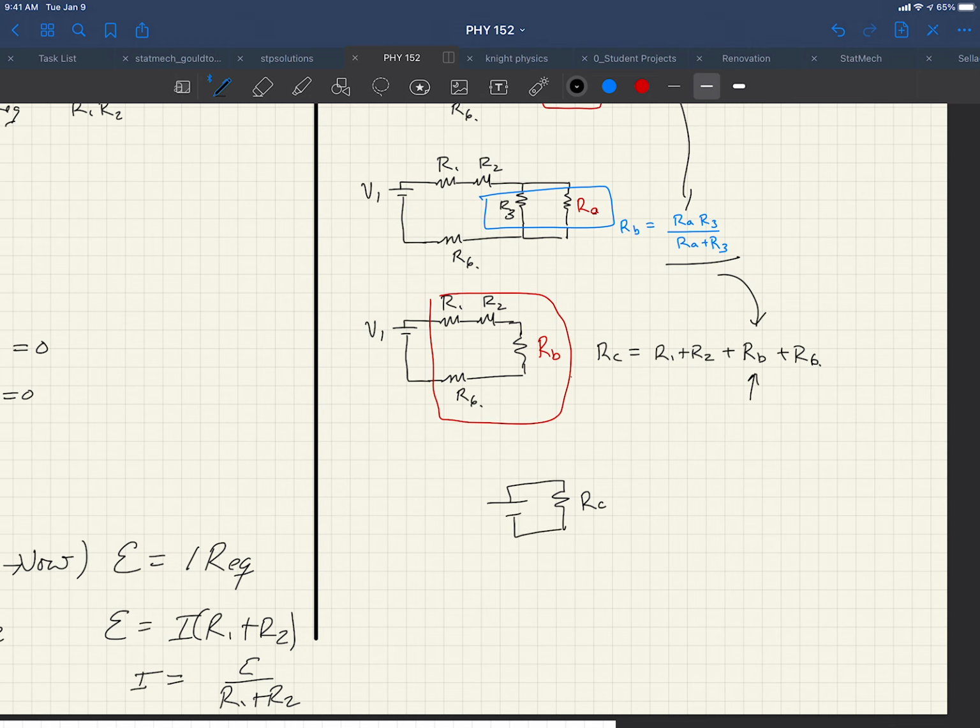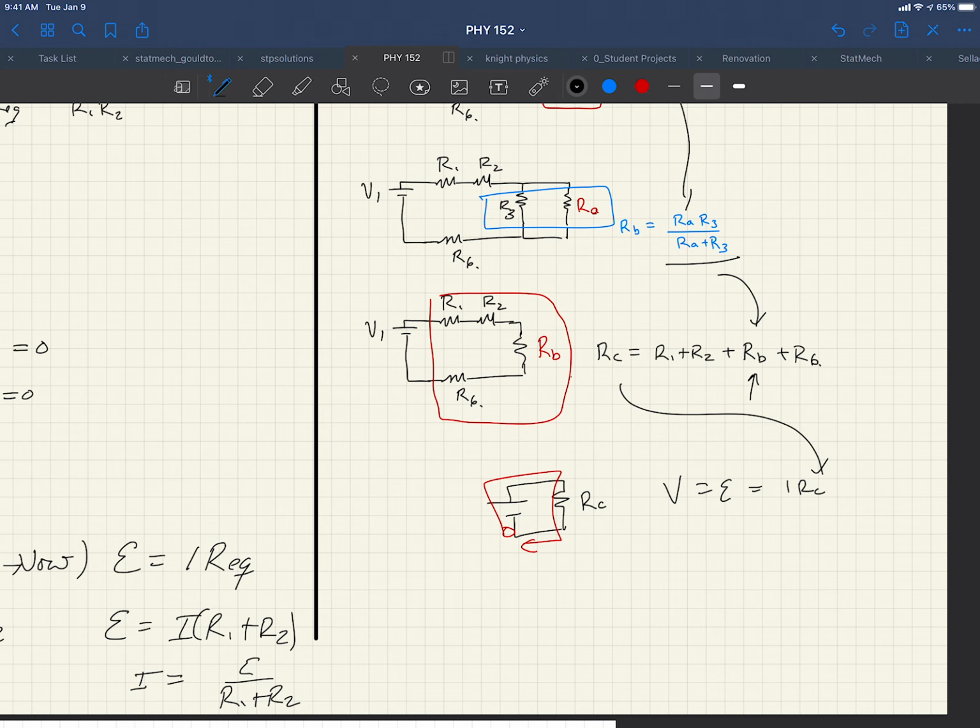What do I know? Well, from my Kirchhoff loop, the battery voltage E is going to equal I times RC. And now what is RC? I just plug in that value and I'm good to go.